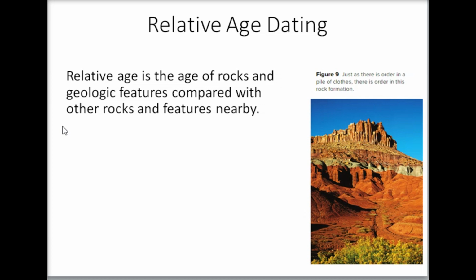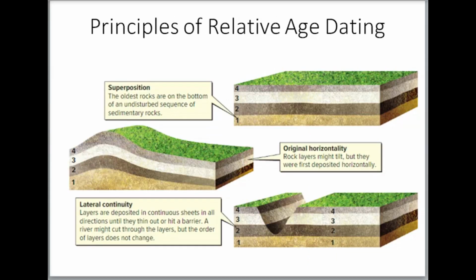This isn't a numerical value, it's just a comparison between his age and your age. So relative age, in this case the relative age of rocks, is basically the age of a rock compared to another rock, and so it's either going to be older or younger.